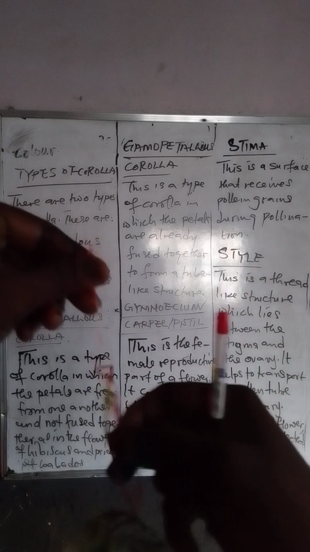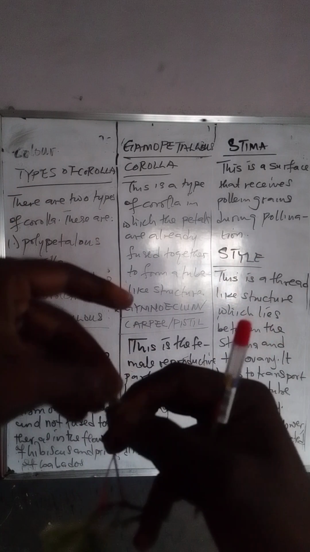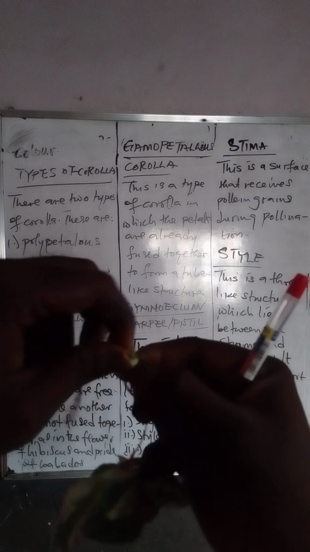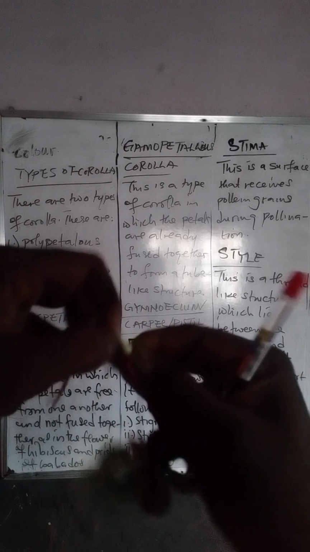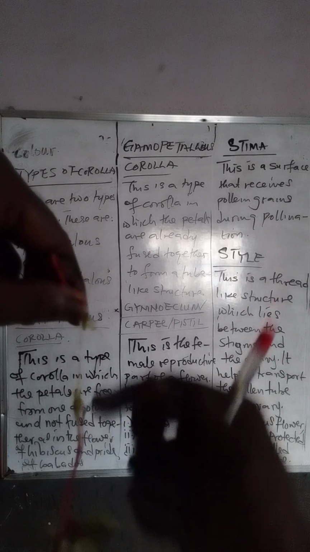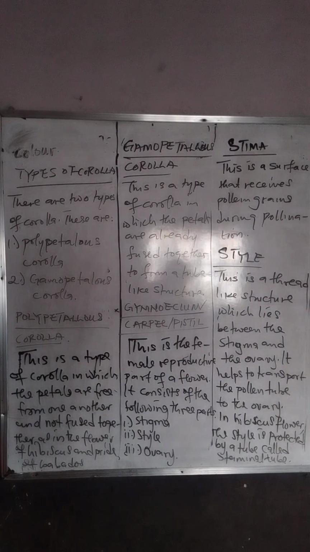And this swollen base that is like a cone is the ovary. From here down to this place is a pistil. So this is style, protected by staminal tube. But in Pride of Barbados, nothing like that.